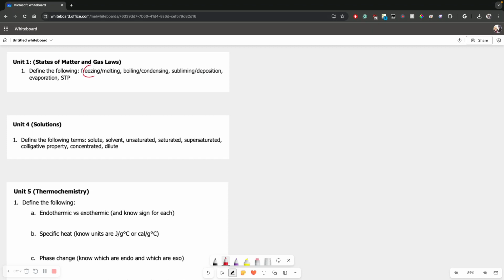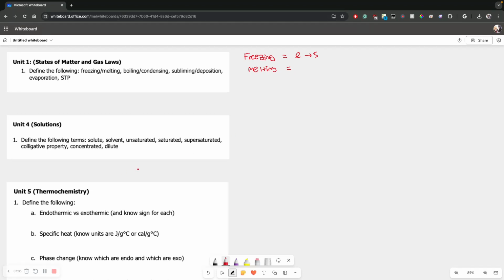So we all know that freezing is when we go from, let me just write this to the side, freezing. Freezing is we're going to go from liquid to solid. Melting, and we'll talk more about this in thermochem later on.